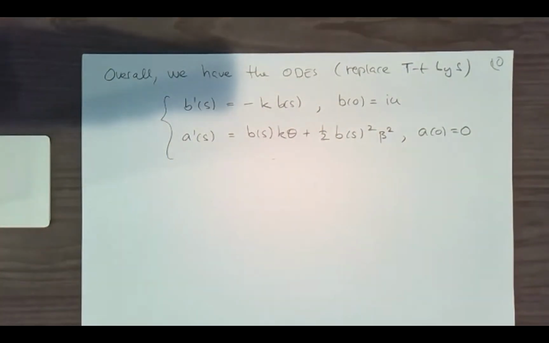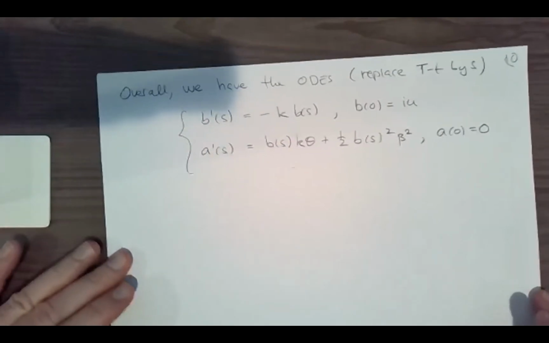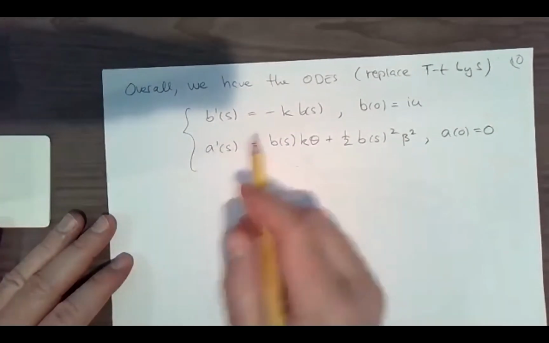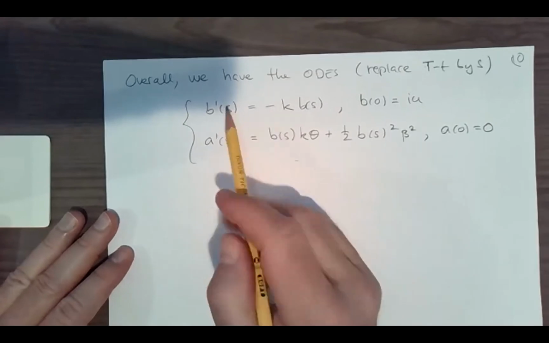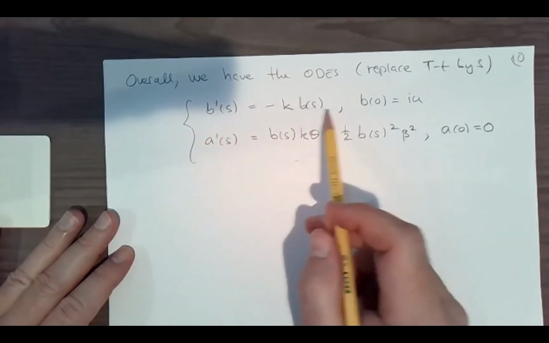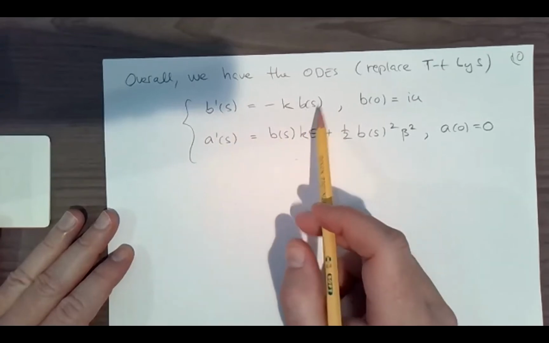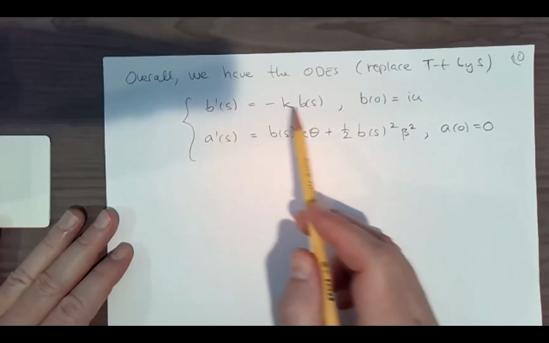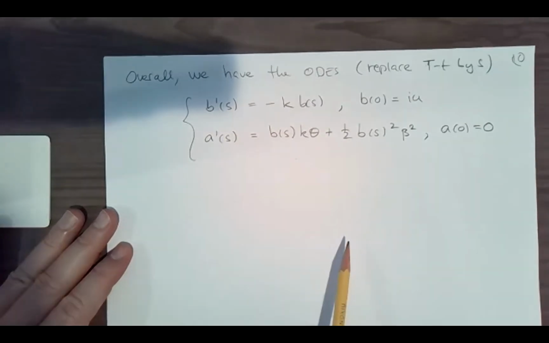So I have my ODEs, and sometimes you can solve them. What kind of a function B here am I looking at? What function satisfies that B prime is equal to minus kappa B?